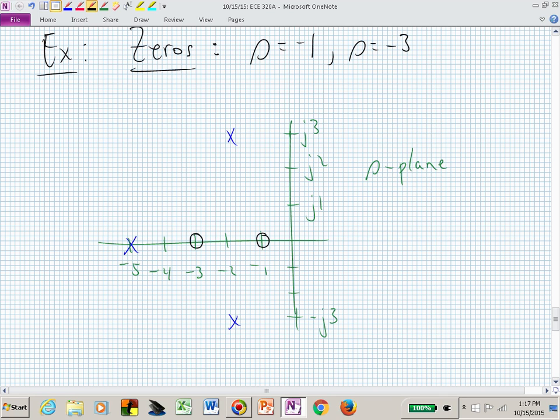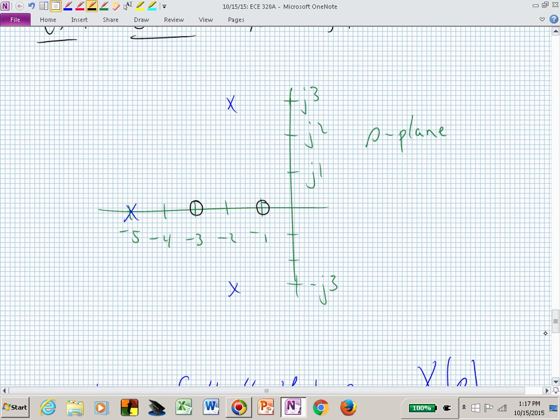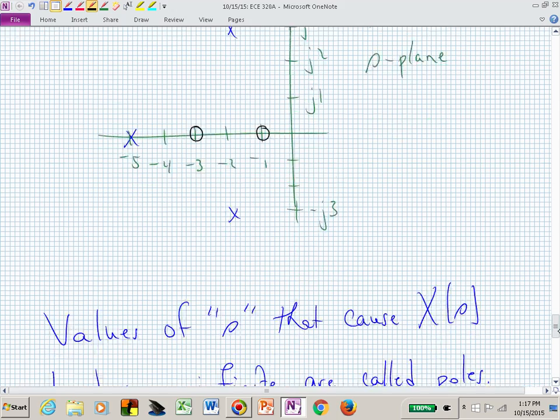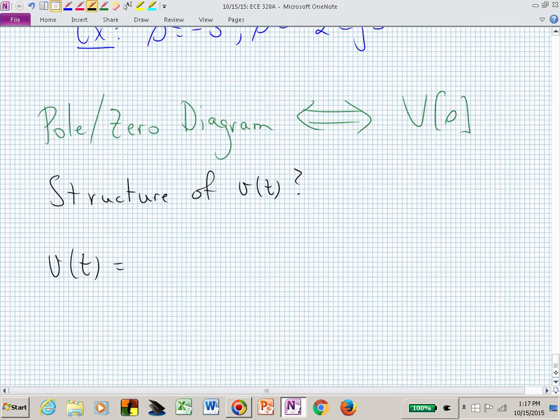Other questions? Now, with this blue and black diagram, what's little v of t if this is corresponding to capital V of s? What's the time domain structure based on that pole zero diagram?